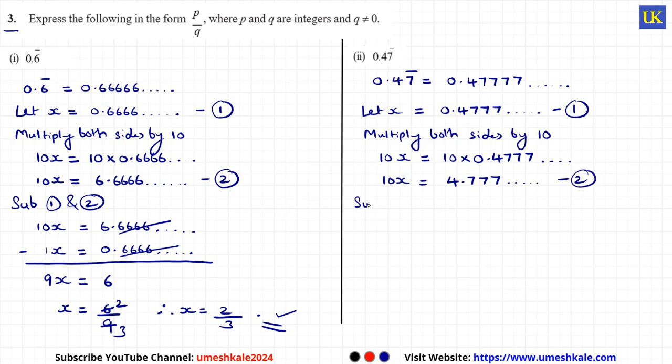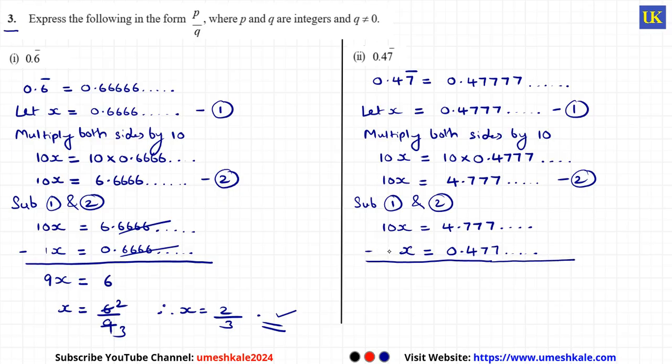Now we will subtract equation 1 from equation 2. So 10x is equal to 4.777, this will continue, and x is equal to 0.477, and we need to subtract this.